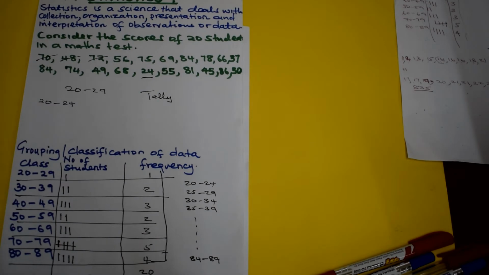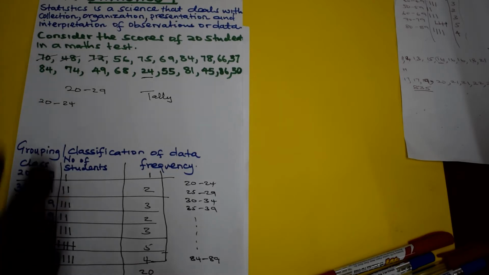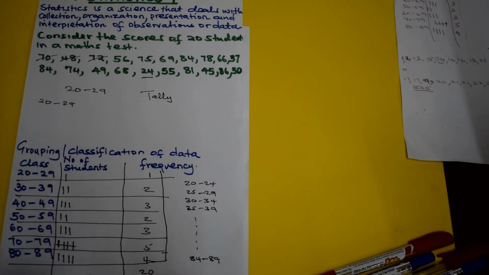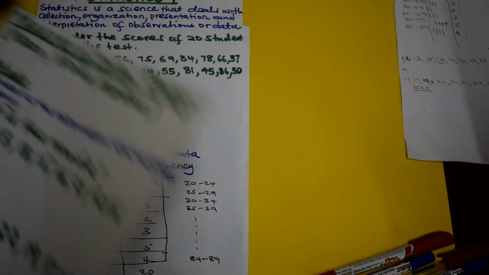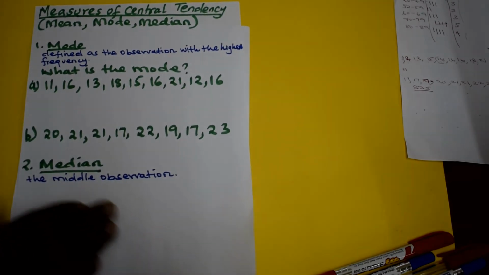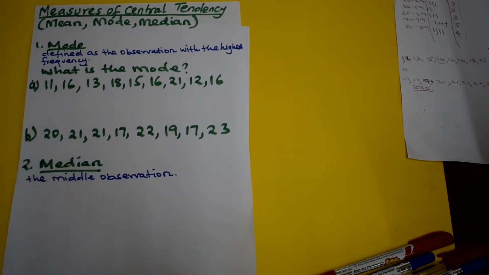We're not saying there need to be only 20 values, we could have more. It's only that this one was a small section, and you can develop this to have more classes. The next thing that we are going to look at, we'll come back to this again, is what we call measures of central tendency.